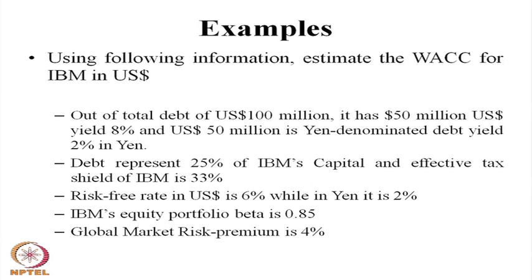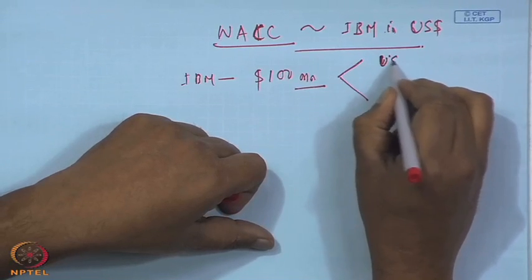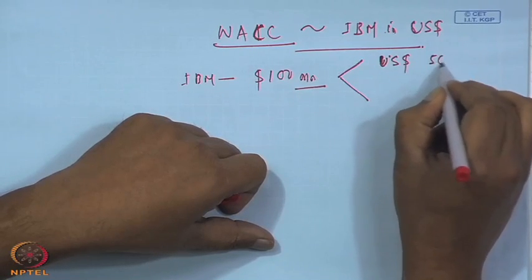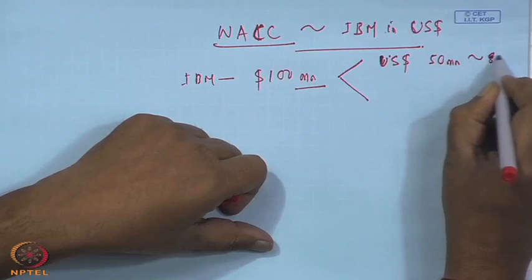So the total debt of 100 million is divided into two parts. One part is 50 million in US dollar, and its cost is 8%.